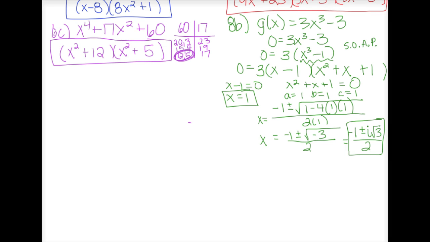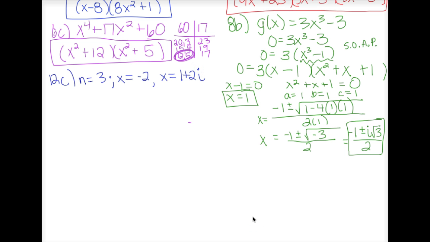All right, next ones are when they give you the degree and some zeros and ask you to write out the function. So I'm going to look at 12c for this one because it's harder than 12a. It tells you that n is equal to 3 and then tells you that x equals negative 2 and x equals 1 plus 2i are zeros.